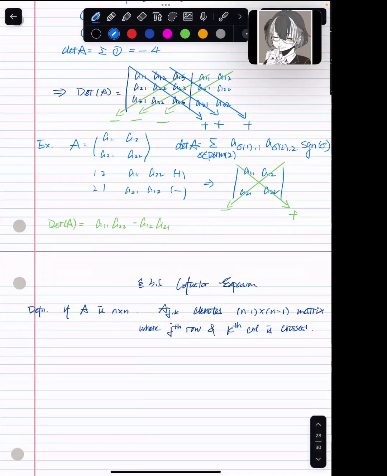So if I have a matrix A that looks like 3, -1, 1, 0, 4, 2, then A3,2 means we cross the third row and the second column. And what is left is 1, 2, 3, 1.